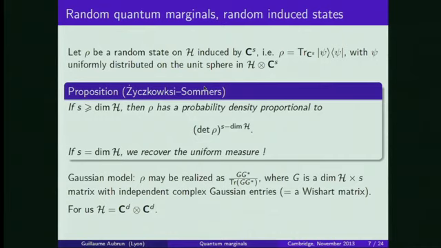Something which will be more interesting for us is the fact that instead of starting with a spherical model, you may instead consider a Gaussian model. So if you start with G, which is a rectangular matrix of size dimension of H times S, and if you fill it with independent Gaussian entries, and if you compute GG star over its trace, you obtain a state which has the same distribution as before.